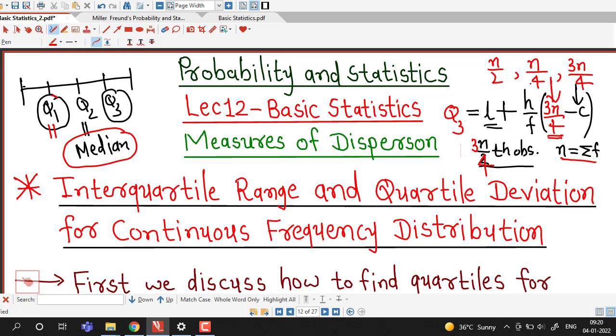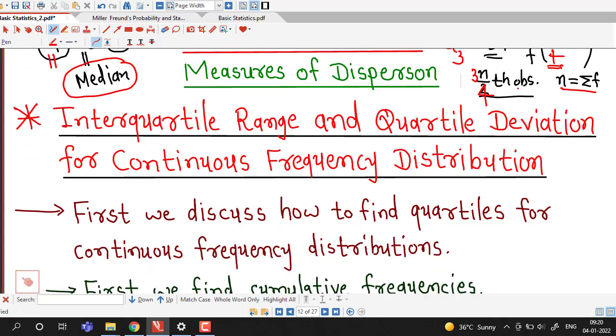And instead of median class, we have to find the classes which contain first quartile and third quartile. We know that interquartile range is the difference of third and first quartile, and quartile deviation is the difference of third and first quartile divided by 2, that is half of the interquartile range.